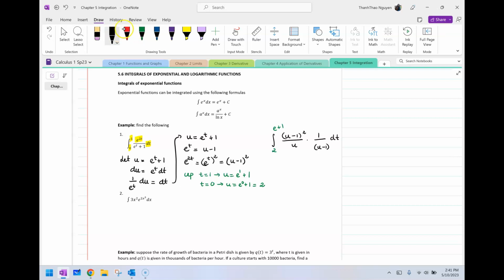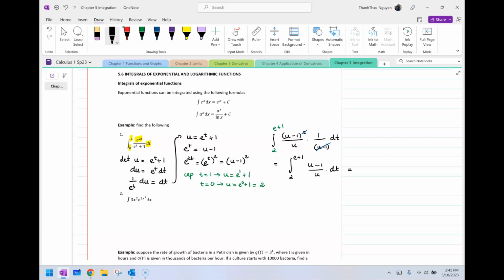Let's go ahead and expand this integral out. We can simplify this part, right? We can simplify this, so you have the integral of u minus 1 divided by u.